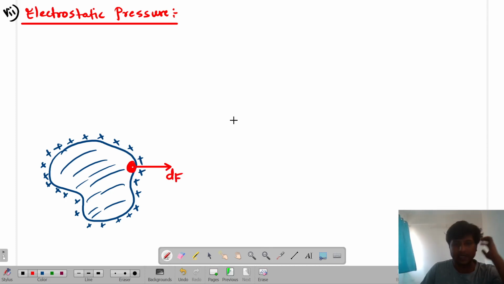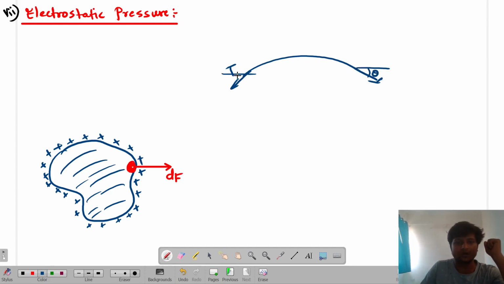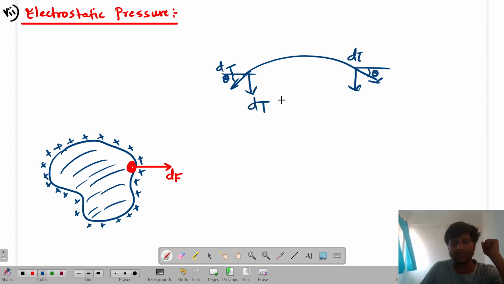Yes, and you can ask, sir, how is this dF like this? So basically, if I have any kind of curved object, look over here. This side I'll have some tension, and this side I'll have some tension, which will make some angle theta with the horizontal, or not? So basically, I'll have two small tensions, I'm considering dT and dT. So dT cos theta, dT sin theta, and dT sin theta along this downward direction.